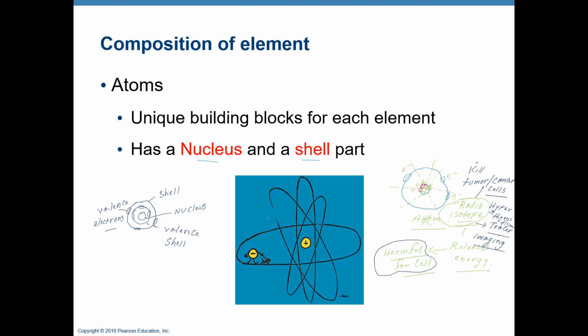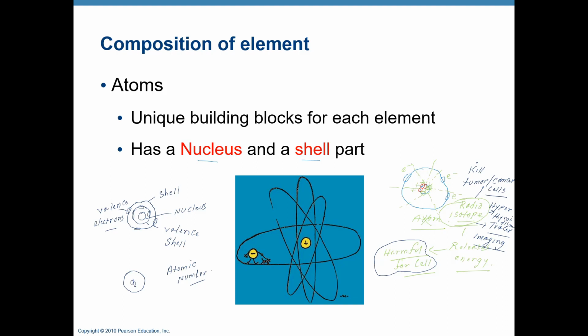Now, inside an atom, how many protons are present? That is the number called the atomic number. So the term atomic number is the number of protons in the nucleus.